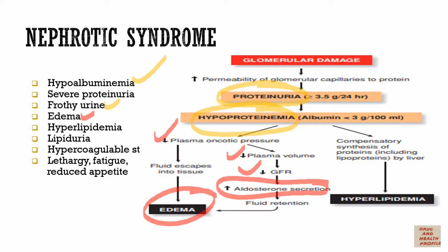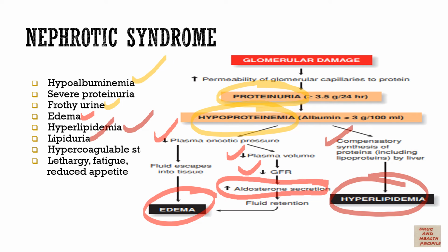The liver will have a compensatory mechanism as proteins are lost in the urine. In that compensatory mechanism, proteins, lipoproteins, and lipids are synthesized by the liver, leading to hyperlipidemia and lipiduria.